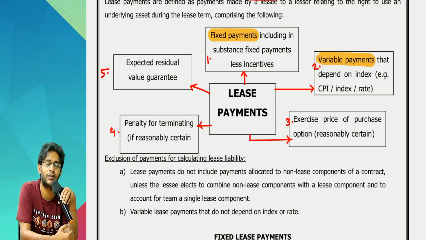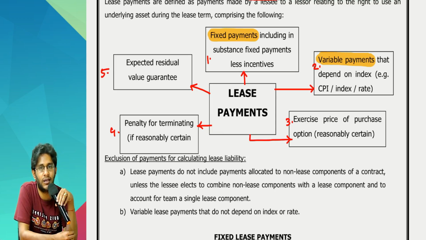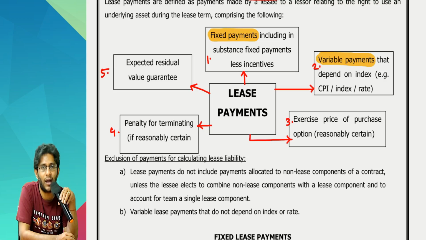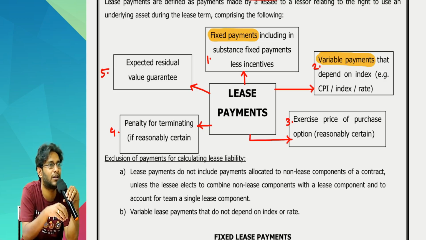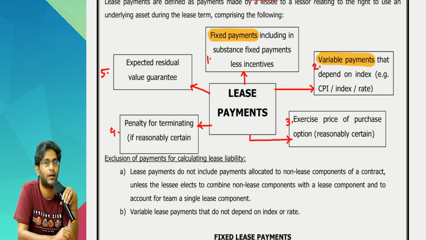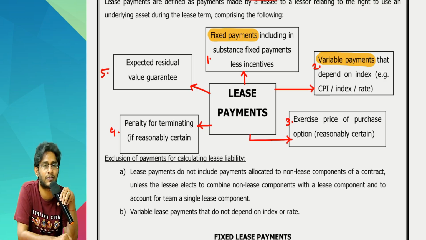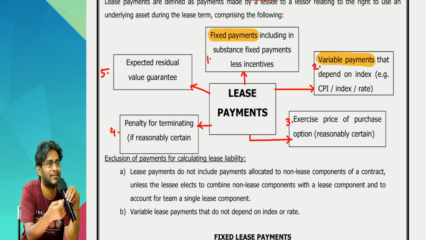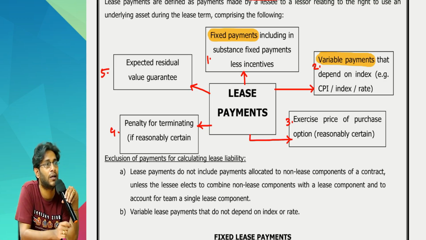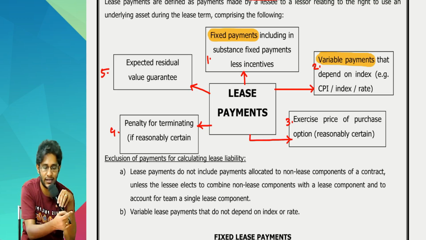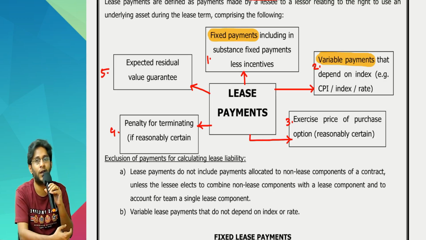Normally, after 8 years of lease, the asset should go back to the lessor, but if the lessee wants, he can pay some X amount and become the legal owner of the asset at the end of the lease period. Now, if you feel that you are going to exercise such an option, then what amounts are you going to pay to the lessor? The next 8 years of lease rents anyway you will pay. Not only that, at the end of the 8th year you will also pay the exercise price. The exercise price you also have to add as a part of lease payment.